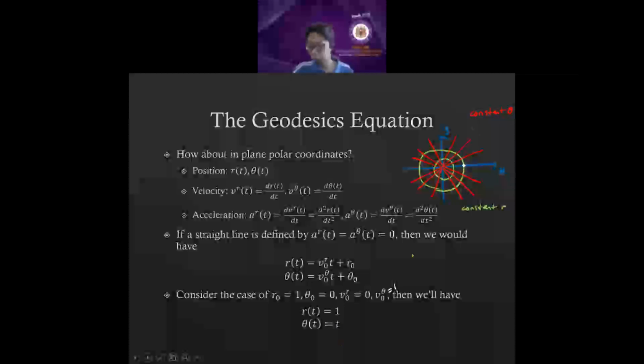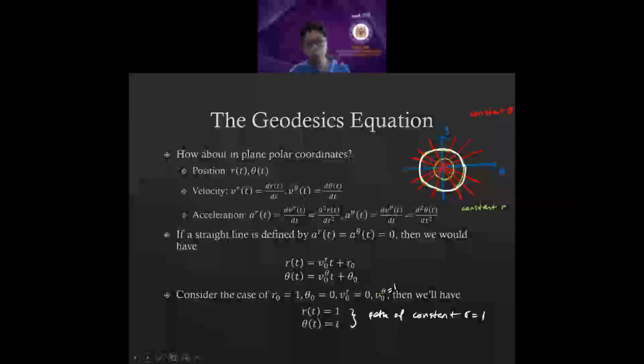If you refer back to the coordinates, this means that the path followed is a path of constant r equals 1. And this is a circle. This is not a straight line.